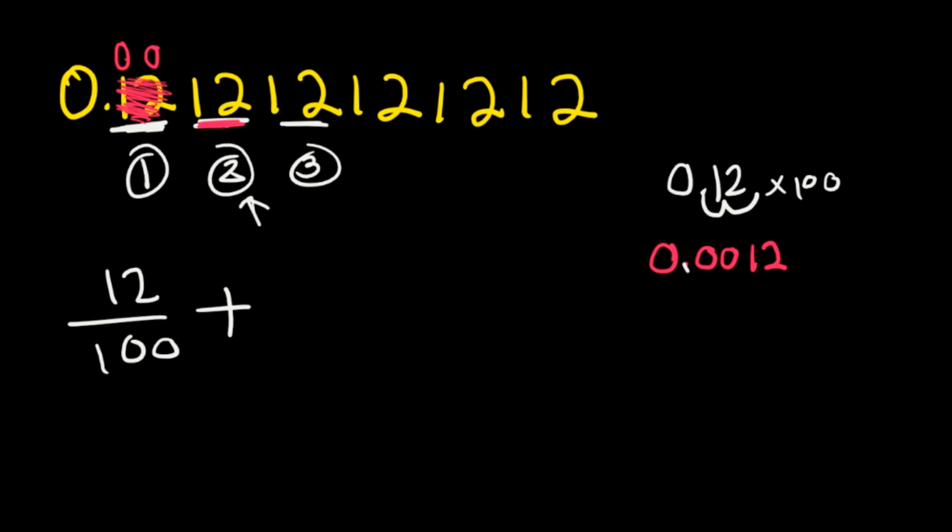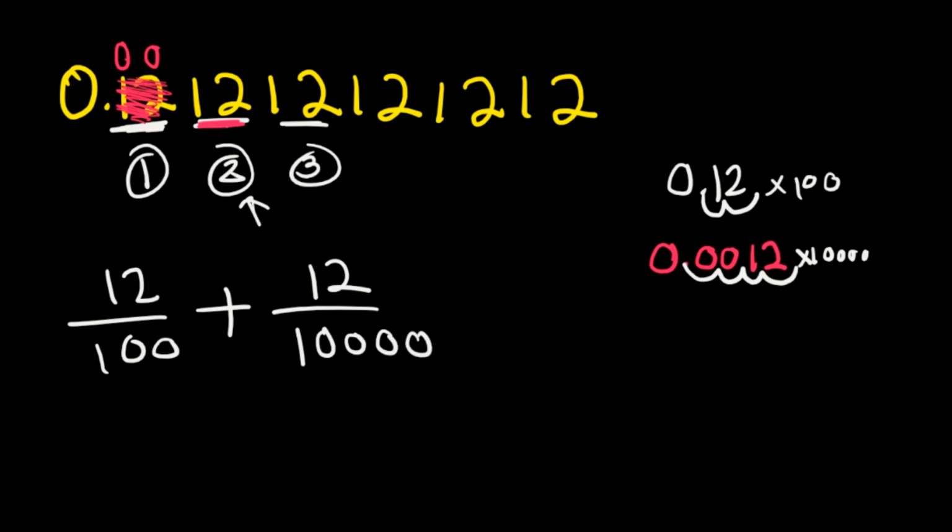So it's going to be 1, 2, 3, 4. We did that 4 times. What does that mean? We multiplied by a 1 with 4 zeros. 1, 2, 3, 4. What is that? 10,000. So it's going to be 12 over 10,000.